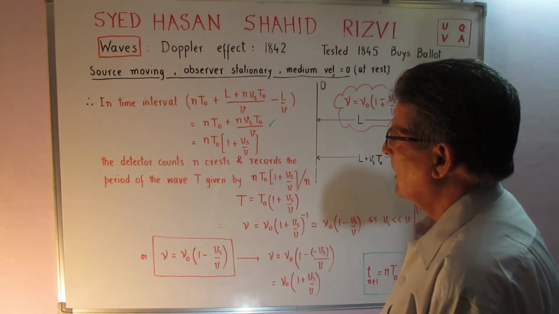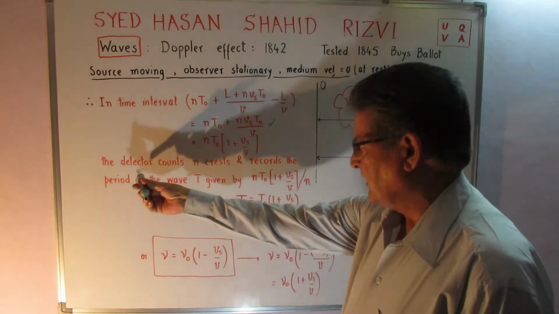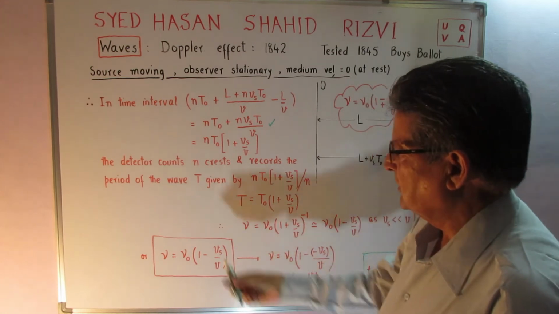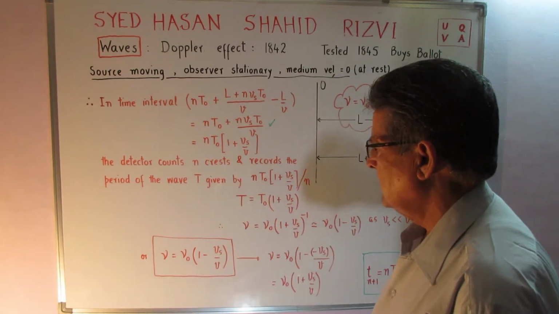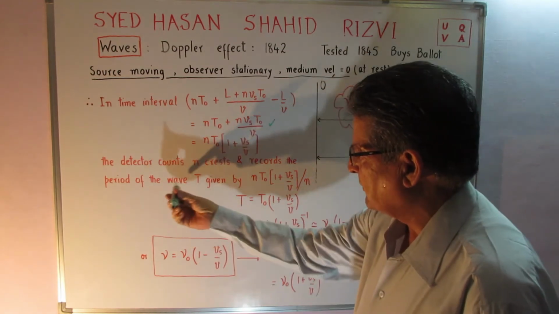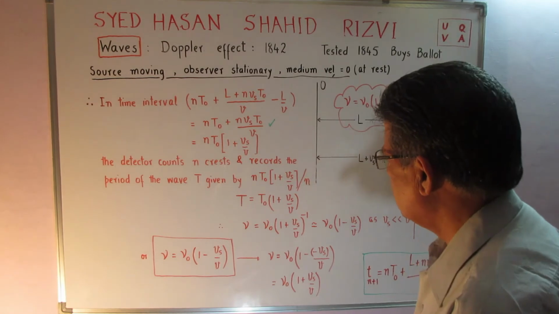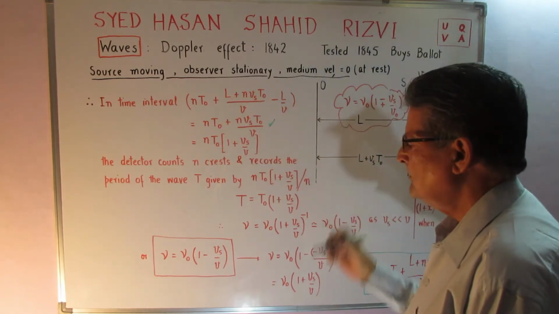Now what happens in this time? In this time the detector with the observer counts n crests, and records the period of the wave T given by this whole thing divided by n.